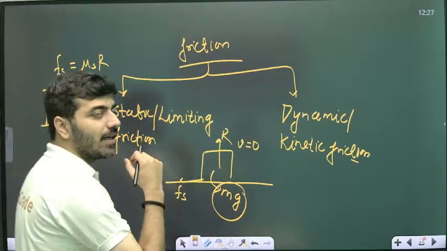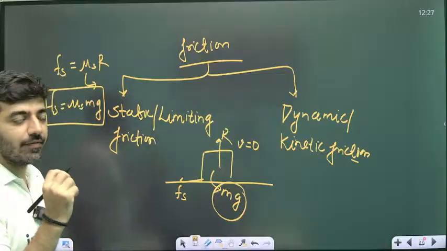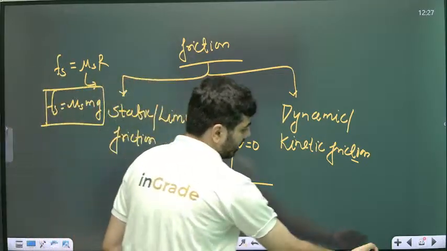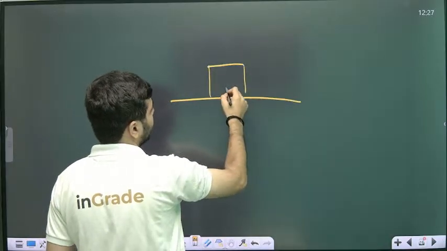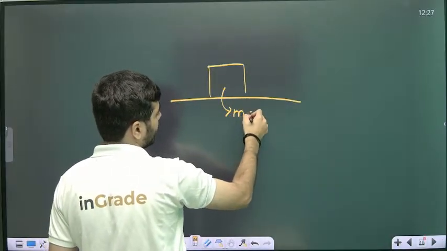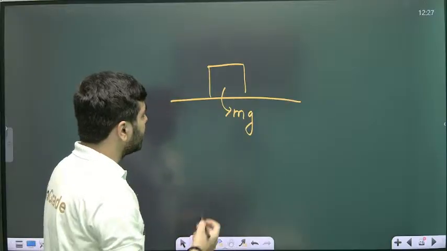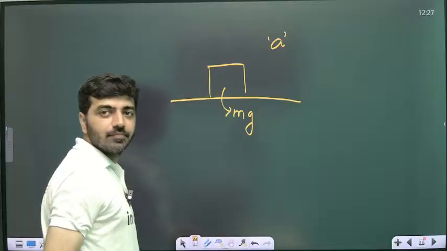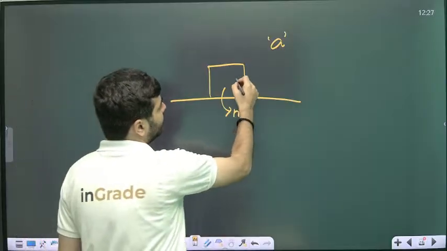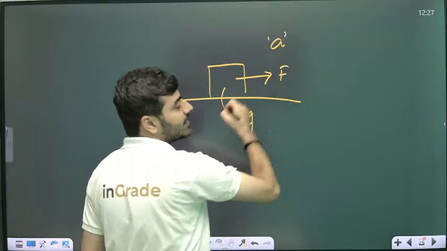Now let's study the dynamic friction. If body is moving with the acceleration of a, let's say body of mass m, let's say mg. Body is moving with the acceleration of a. Okay. Let's say force is acting in this direction.